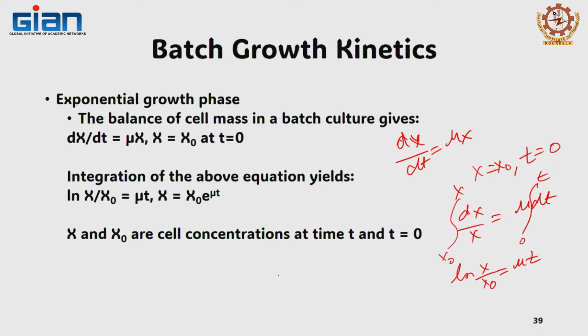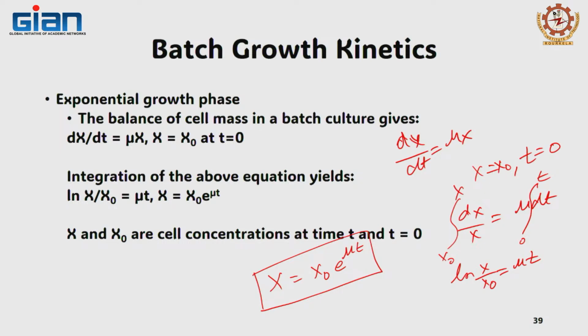Now, if you put it in the form x equals x naught e to the power mu t. If I give you this equation, let us say if I give you the initial concentration that came into the batch reactor and I give you the time of the total batch or the batch time, you would be able to use this equation given that I have provided you a specific growth rate.